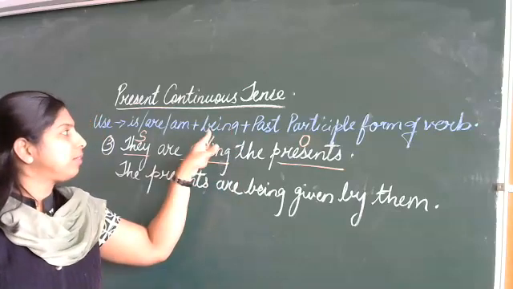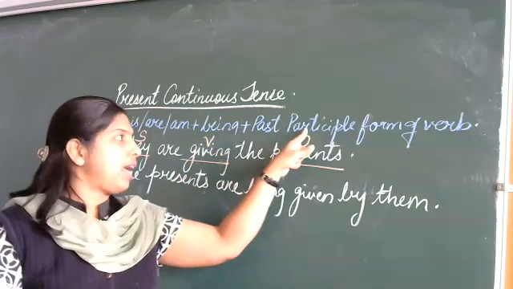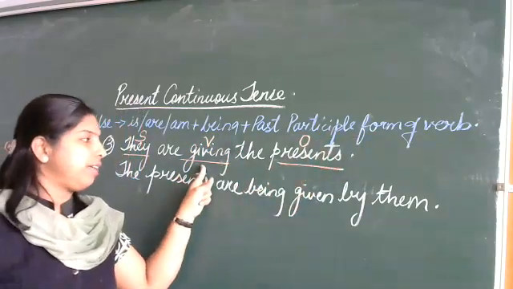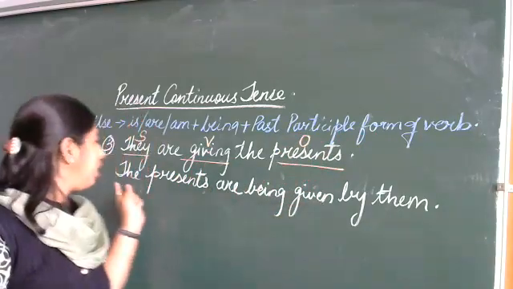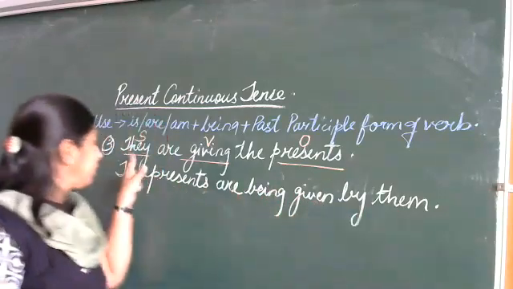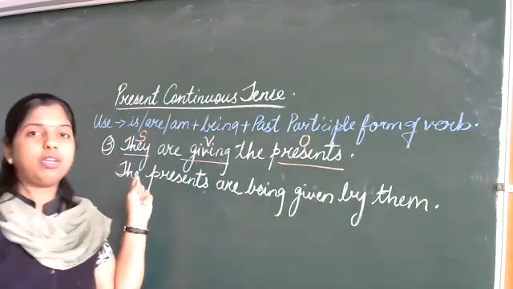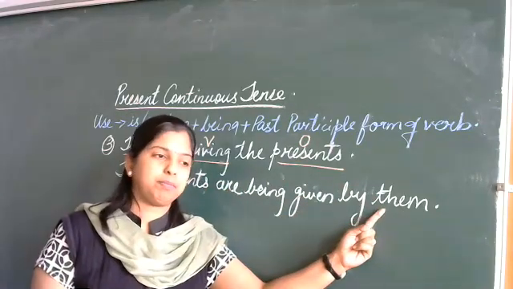Are plus the being form, are being, plus the past participle, that is giving changes to given here. Got it? So the presents are being given by them. They change to them because it is a personal pronoun, as I told you earlier, they will change to them.